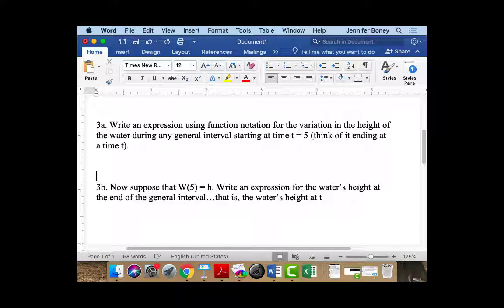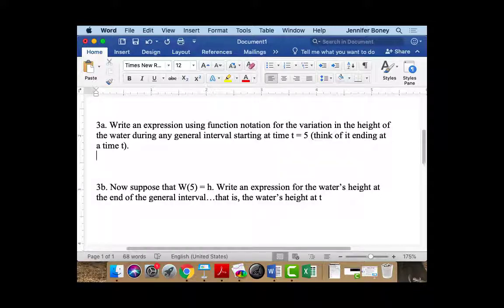All right, so if I want to talk about the general change in height of the water during an interval from 5 to t, if I want to use function notation, then that's y final minus y initial. I can do this sort of thing.